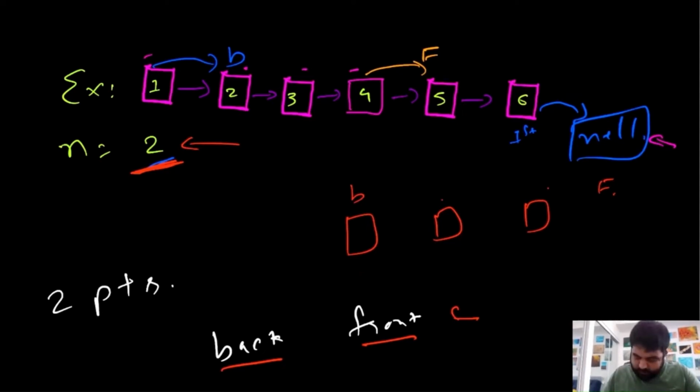Now the back pointer will come over here, and the front pointer will jump one more step and come over here. Again, front is not null, so our back pointer takes one more jump, and our front pointer also takes one more jump. So the front pointer will come over here, and here we've identified that the front pointer is at the null position.